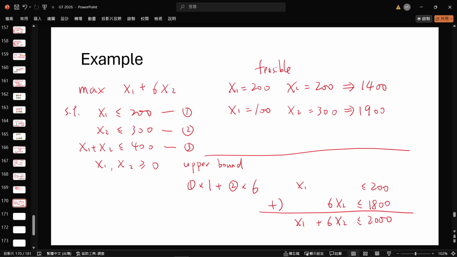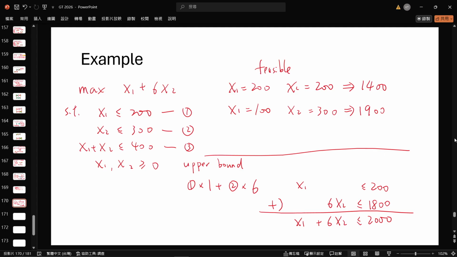So this is what we're going to do today. The goal today is to find some weighted combination of the constraints. Here the weight is 1 for constraint number 1 and 6 for constraint number 2, and I want to find some proper weights for these constraints. So this is just one possible set of weights.